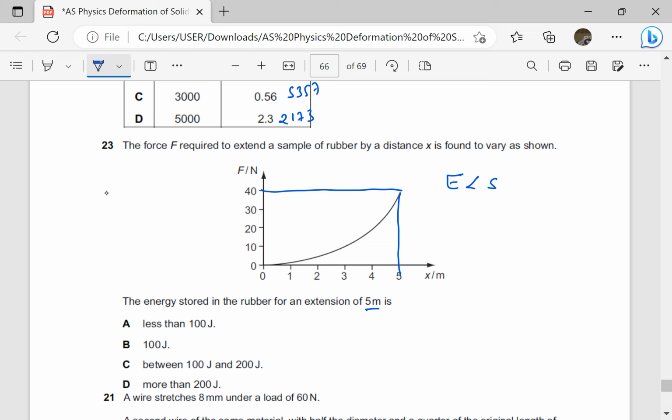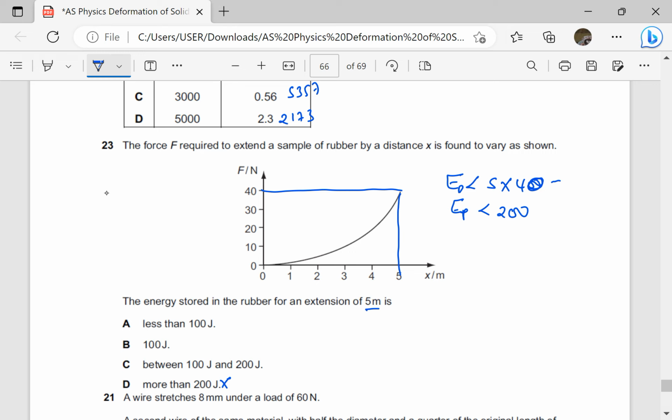It should be less than 5 times 40, so it should be less than 200. So the energy should be less than 200. So this one is wrong. More than 200, that is wrong.